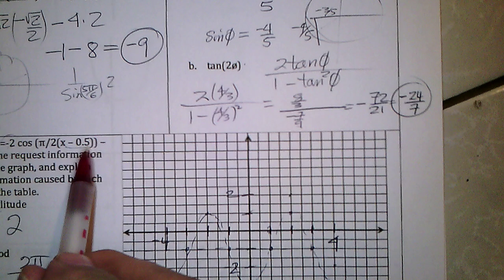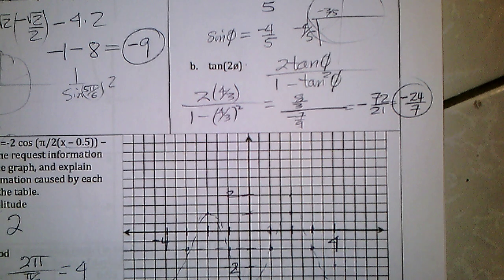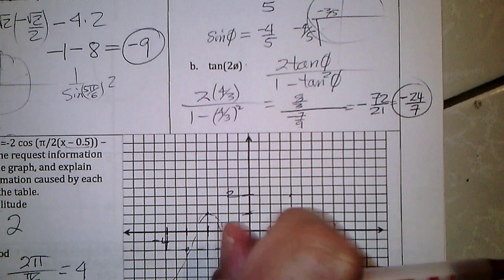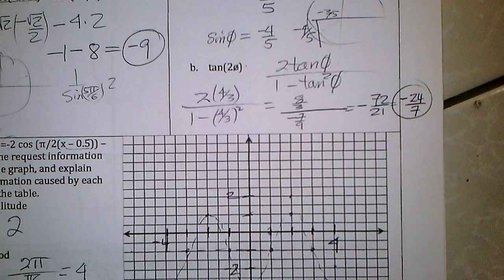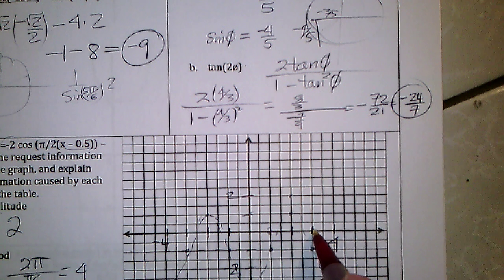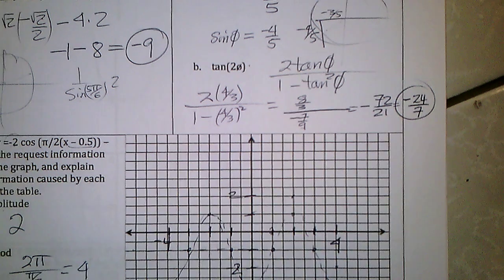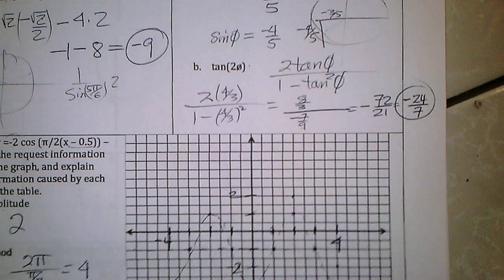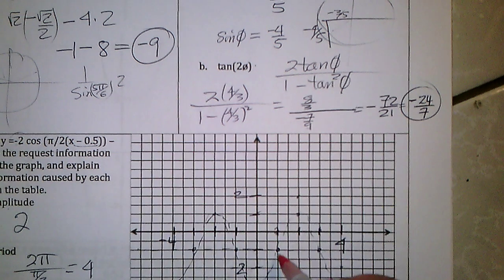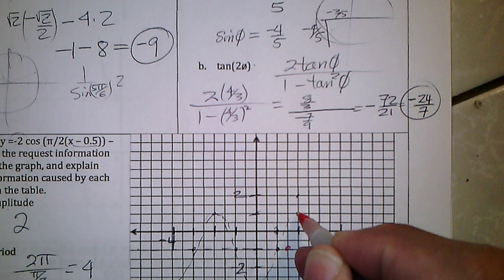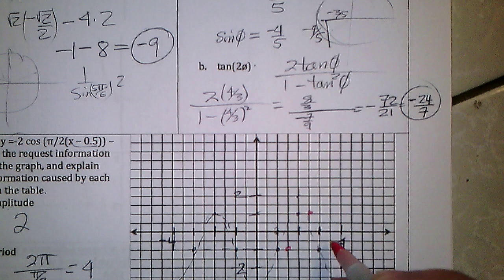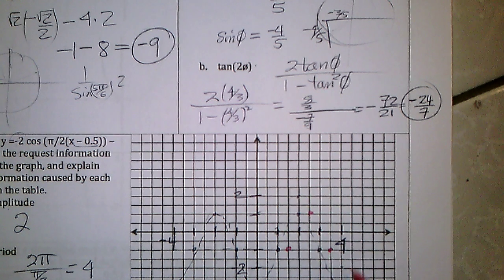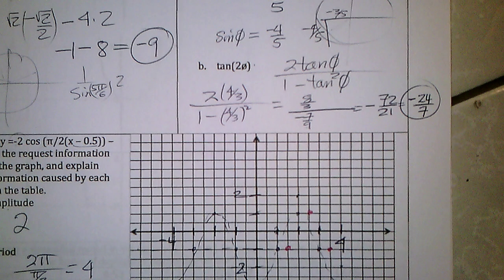But it's also moved 0.5 to the right, and if that's 4, that's 3, 2, 1, and 0.5 would be that much. So now it really goes right here. 2 above gets moved over to there, on the center line gets moved to there, and 2 below goes there.